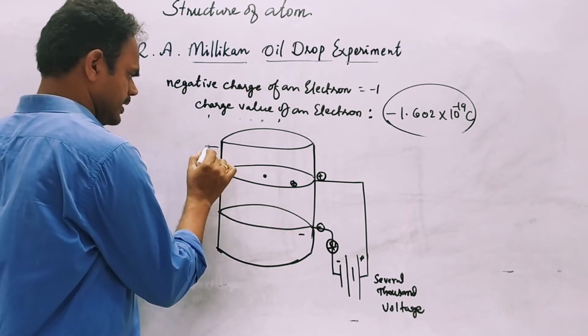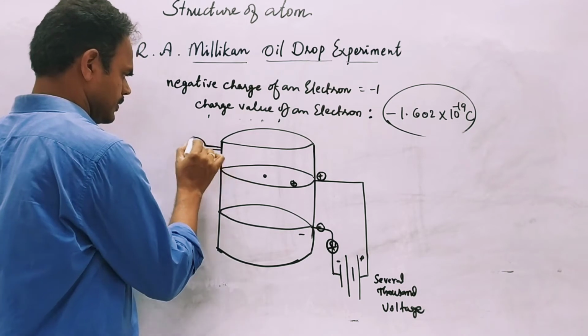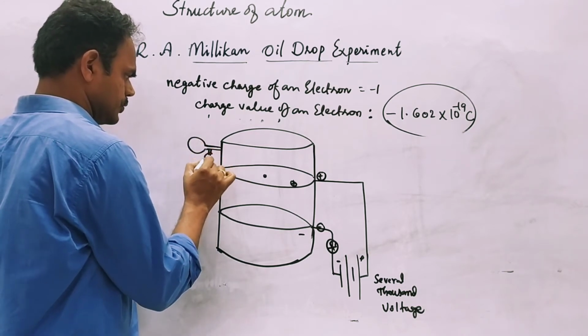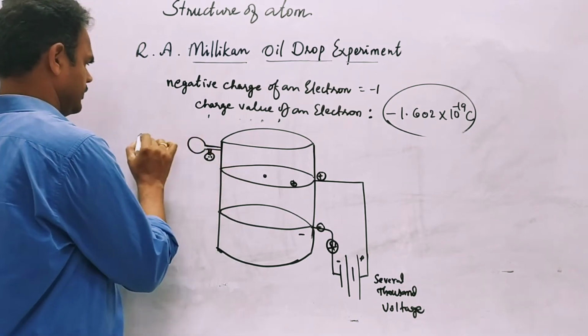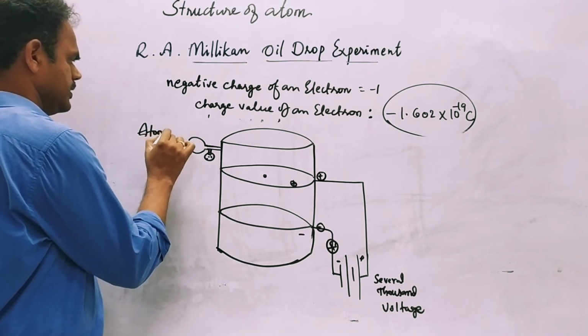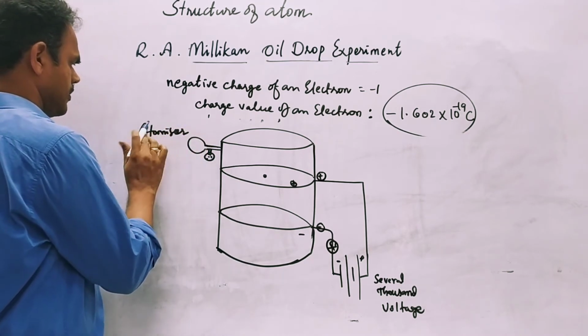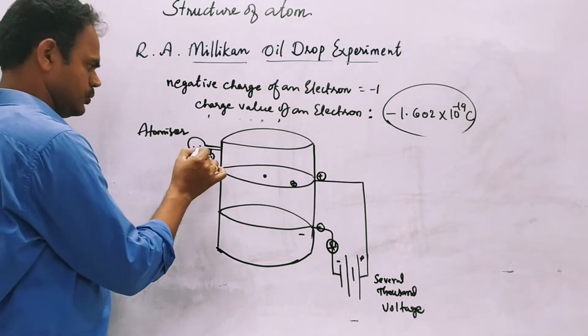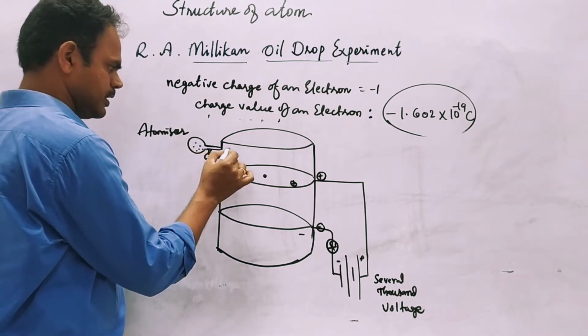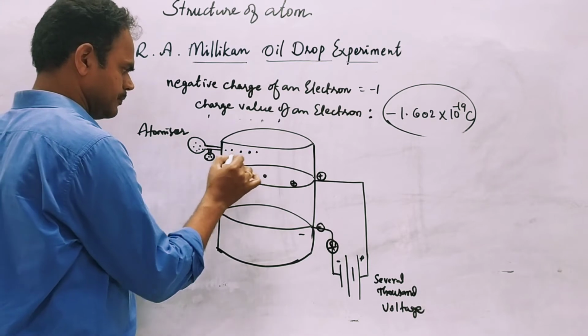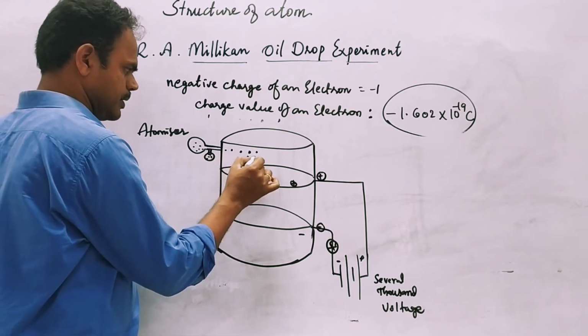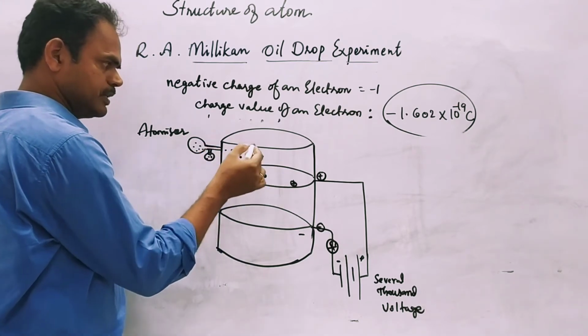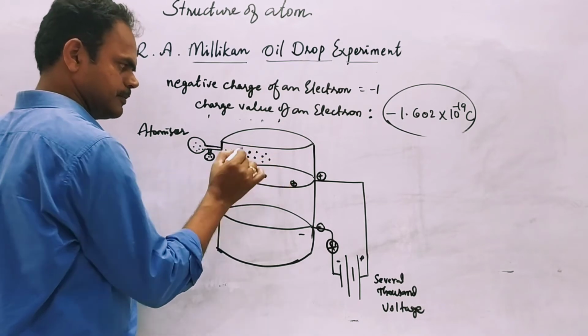Here they arranged one atomizer source. By using this atomizer, we can pump droplets of oil. Here is the oil source, which will pump the droplets of oil in the form of mist.